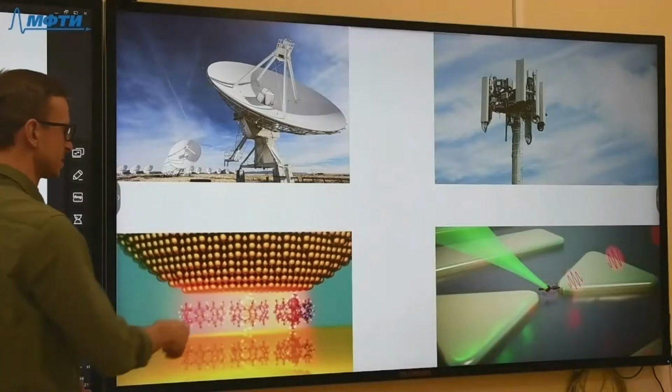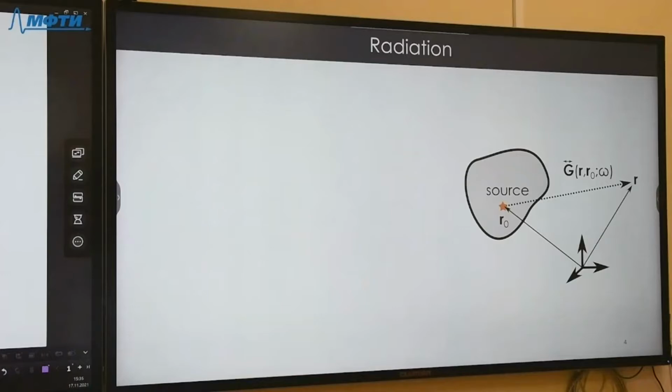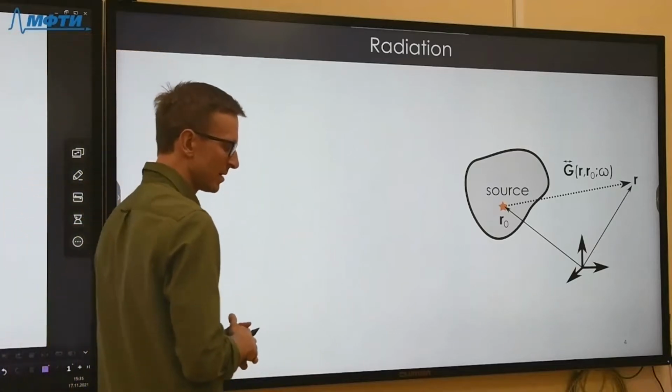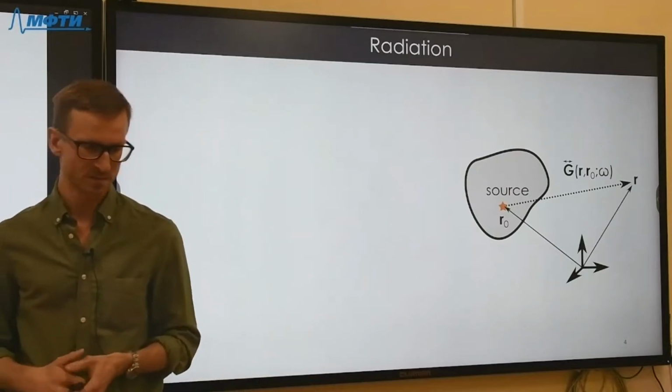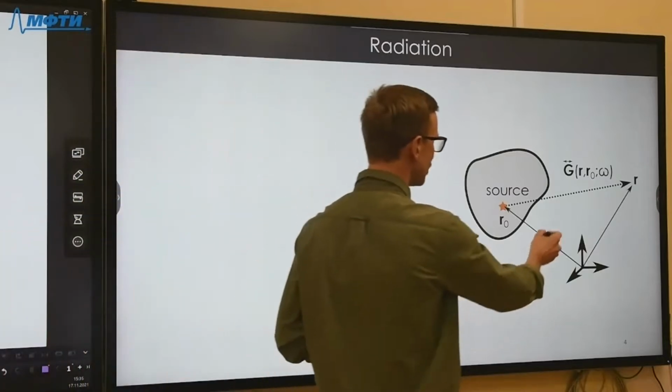So let's begin with the simplest case of radiation, that is radiation in free space. As you remember from, I believe, the 2nd lecture, where we briefly covered the radiation problem in electromagnetics without actually solving it, we introduced the concept of the Green tensor.